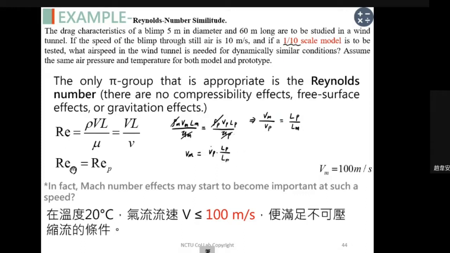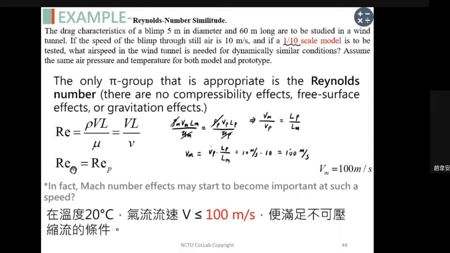As we know, V_p is 10 meters per second, and L_p divided by L_m is 10. So finally, the speed in the model should be equal to 100 meters per second.